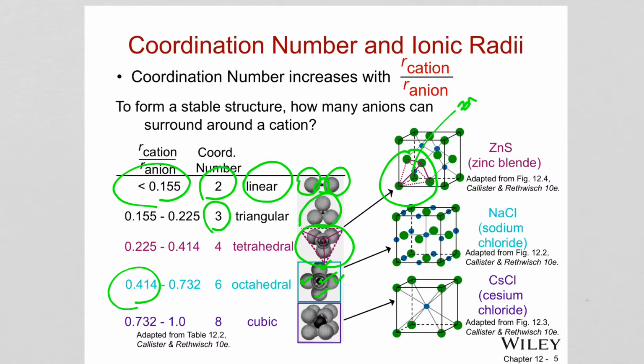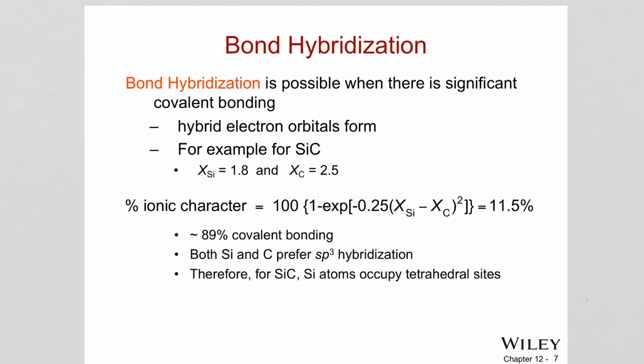At the corners of the tetrahedron there is carbon, and in the middle of this tetrahedron you are seeing here is the silicon. So it is the same structure. If you take a look at this, the ionic character is low, like 11.5, and that means the remainder is covalent bonding.